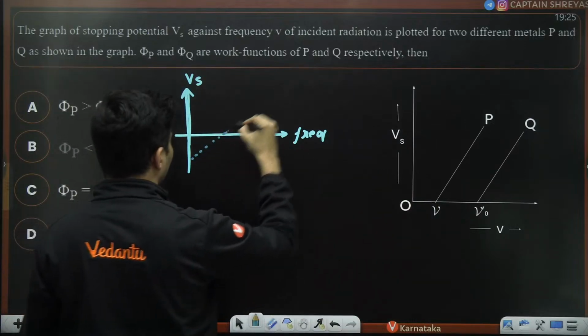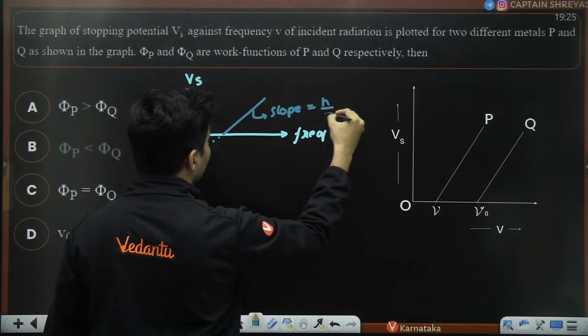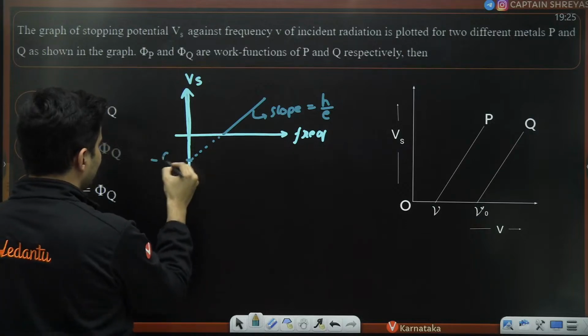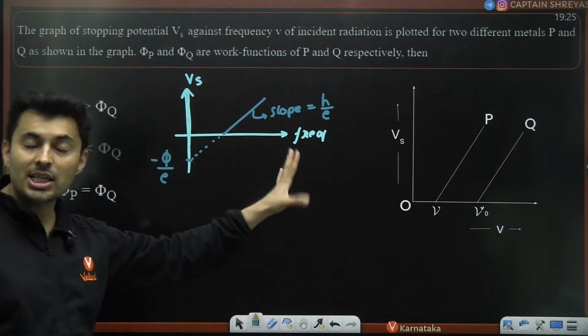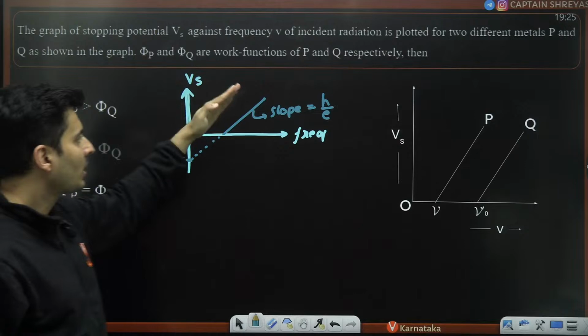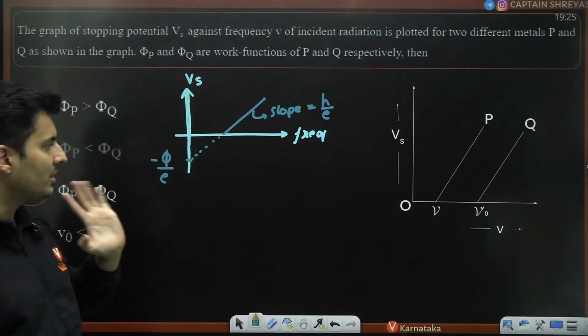This is a dotted line. The slope is Planck's constant by electron charge, and this intercept is always negative work function by E. The slope is a constant no matter which material you take. If you choose a different material, the slope will be the same, but the intercept will change.